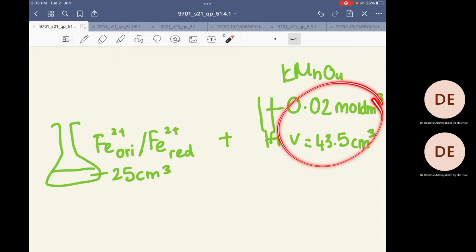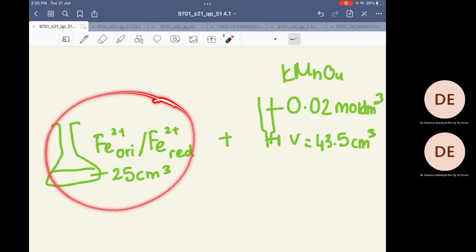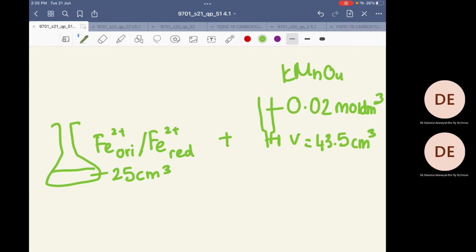However, I do know the concentration and the volume of potassium manganate required to react with this system. So what I can do is find the number of moles of manganate. I will just call it MnO4−. So that's 0.02 times 43.5 over 1,000.